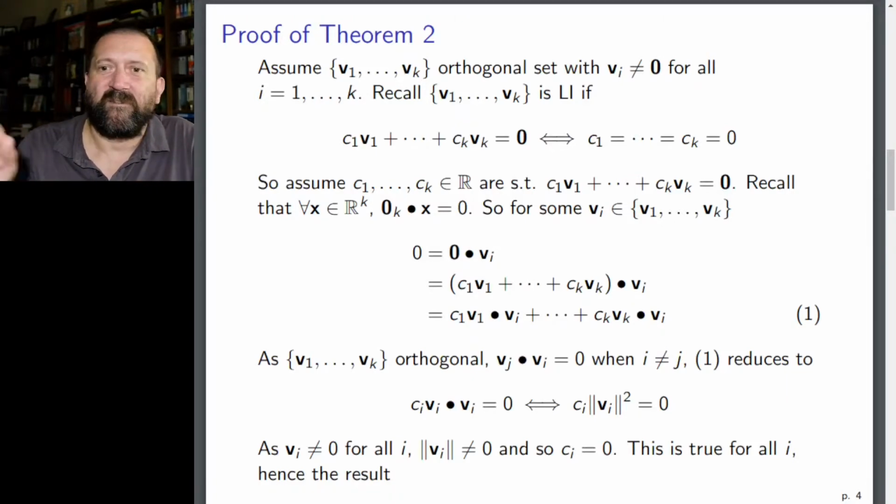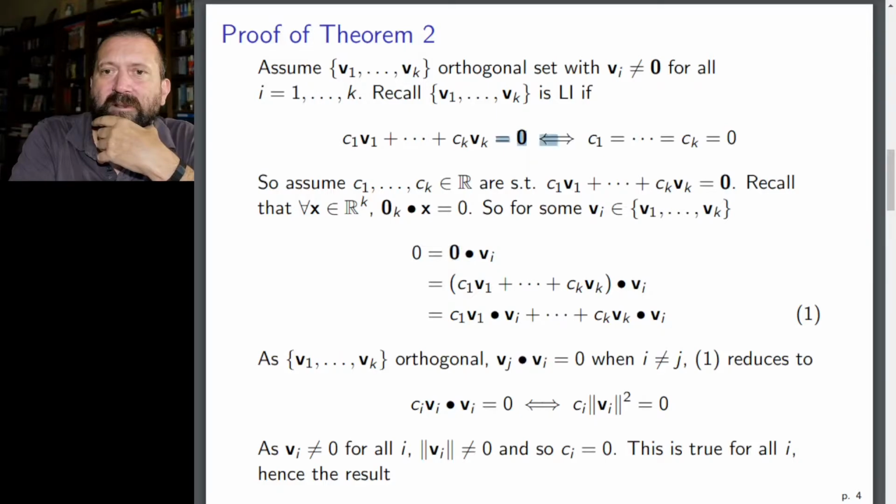So I'm going to take some vector vi in my orthogonal set. And I simply rewrite this equation: the number 0, note that it's not a bold-faced 0, is equal to the dot product of the vector 0 with this vector that I chose, vi.